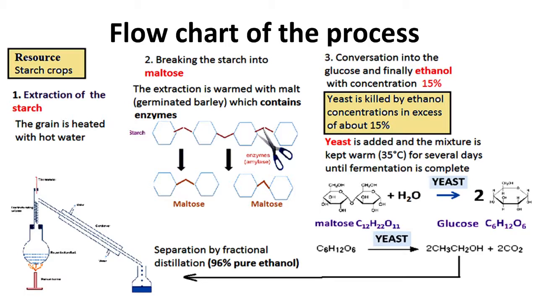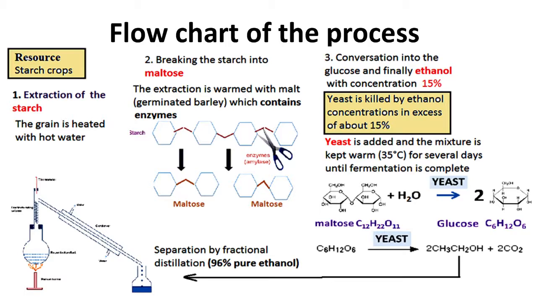The third stage is the conversion of maltose into glucose, and finally ethanol with a concentration of 15% only. Yes, it's a very low yield of the reaction. Yeast is killed by ethanol in concentrations above 15%.